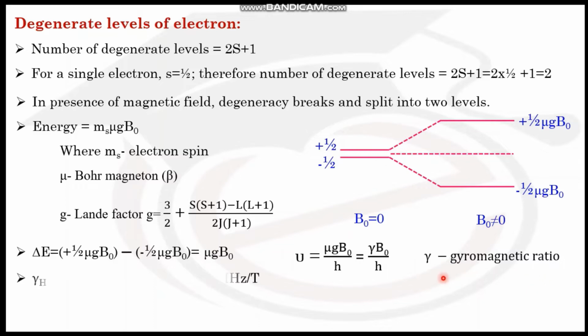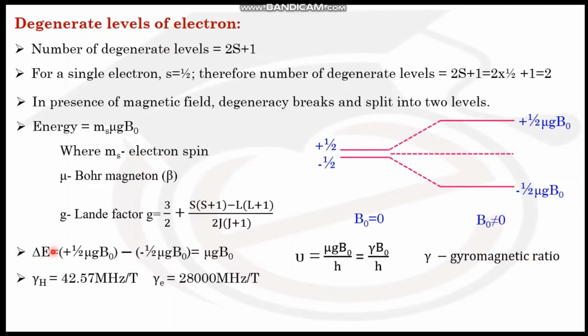Gamma H means the gyromagnetic ratio for hydrogen. It is 42.57 megahertz per Tesla, and the gyromagnetic ratio for the electron is 28,000 megahertz per Tesla. That means you can see the difference between these gyromagnetic ratios. What is it directly proportional to?